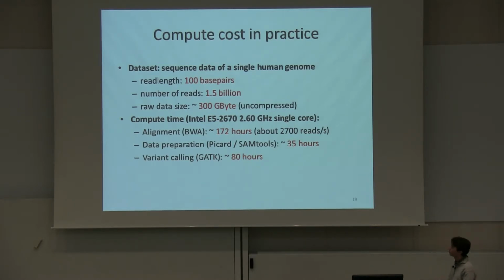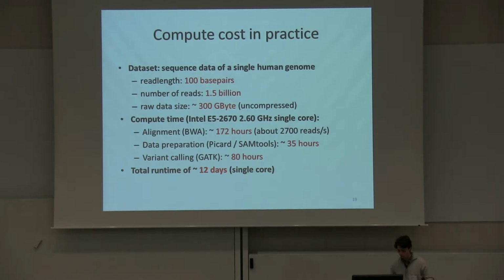All of this together is about 12 days. That's on a single core, but on a modern machine. So suppose a patient comes into a hospital, delivers a sample, it gets sequenced, which takes about 2 days. And then it takes about another 12 days to get the variants from this sample.